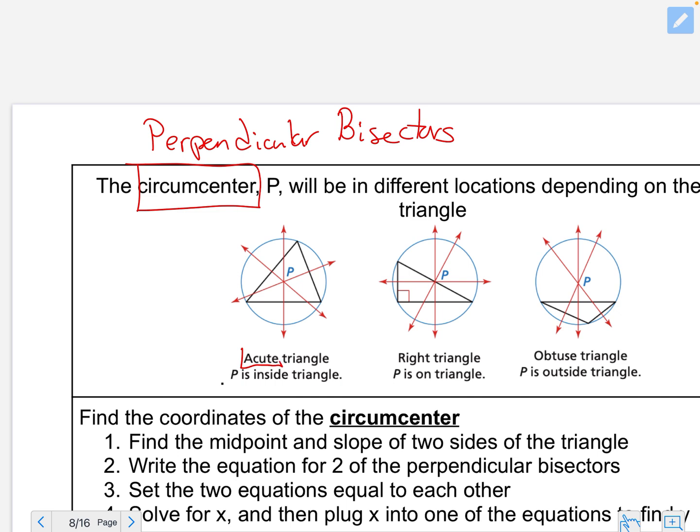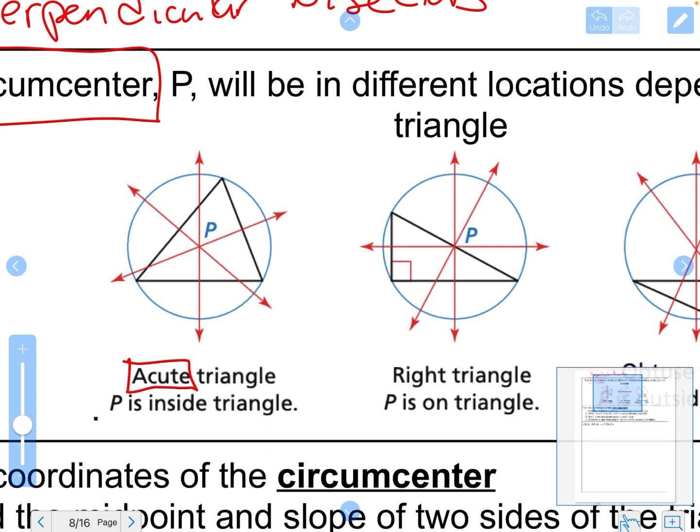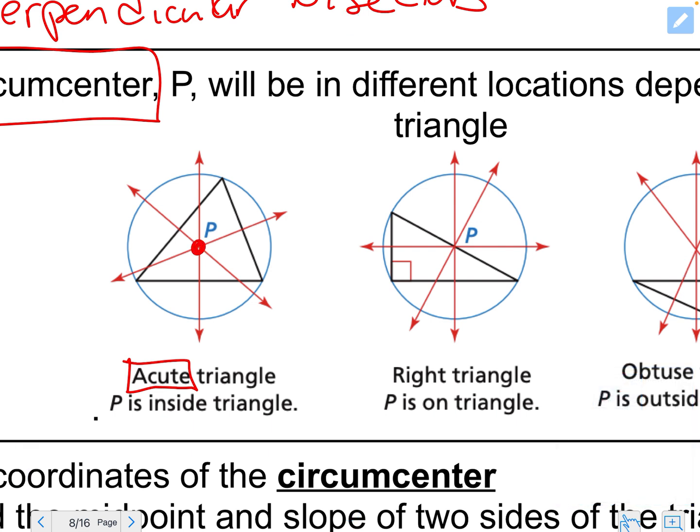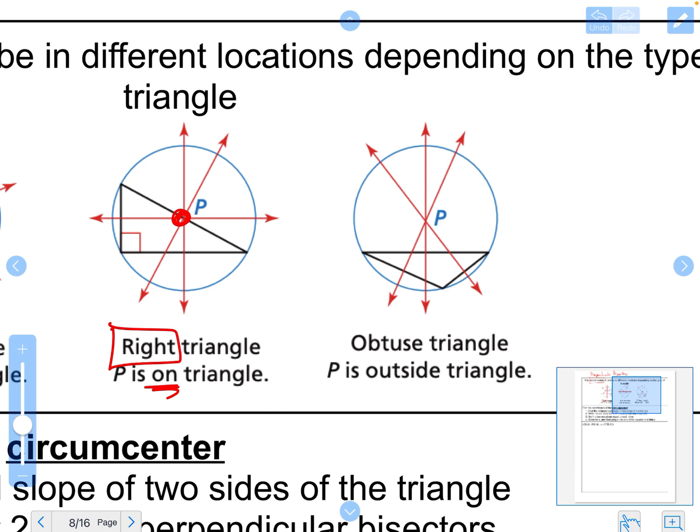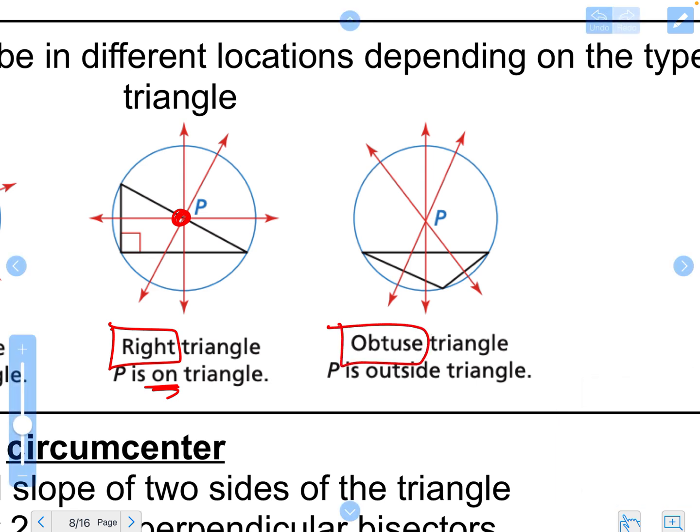Just real quick, something that will help us make more sense of this and help us check it: if it's an acute triangle, our circumcenter is going to be inside. If it's a right triangle, our circumcenter is going to be on the triangle. And if it's an obtuse triangle, our circumcenter is actually going to be outside the triangle.